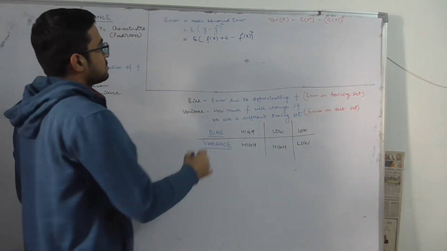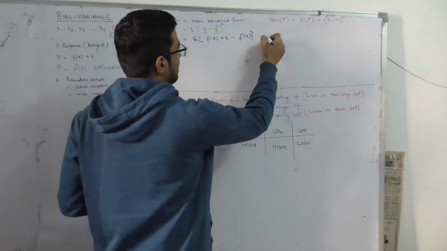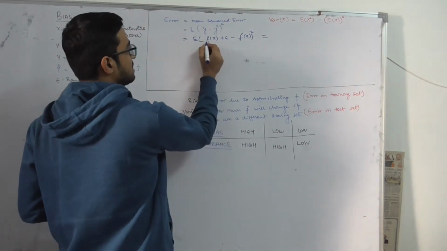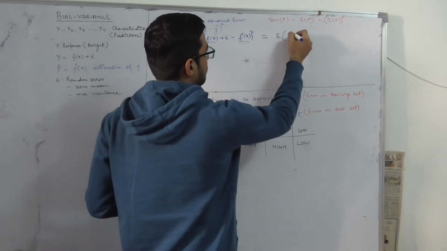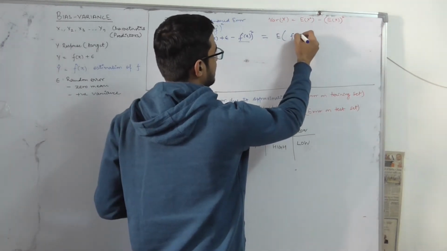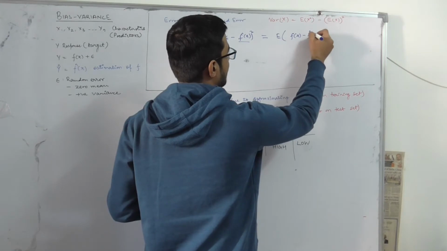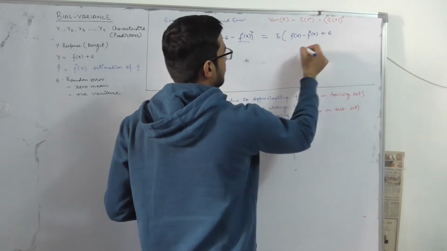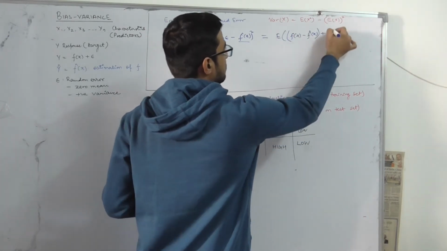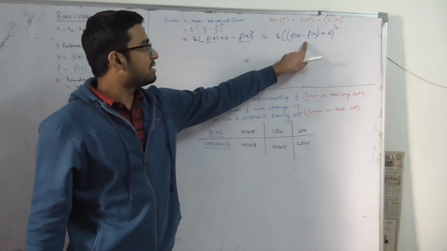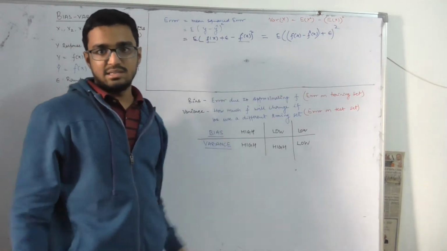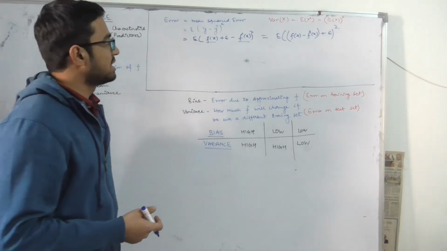Okay, after that I try to combine the f and f cap. So the expected value of (f(x) minus f cap of x, plus epsilon), combining these two terms, whole square. Now I can open this with (a plus b) whole square, that is a square plus b square plus 2ab.